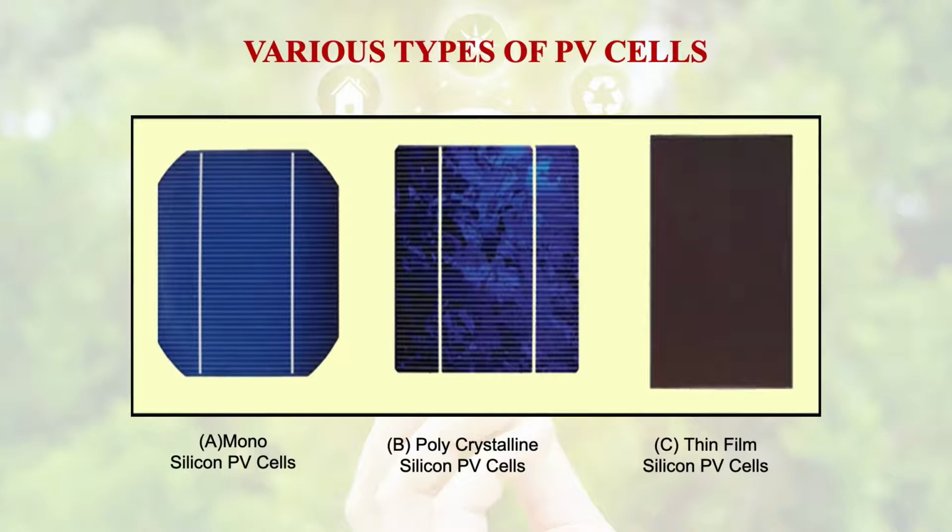Just to give you some idea, I have shown here the monocrystalline, polycrystalline, and thin film PV solar cells, which are very popular. You have seen these cells in various places. In general, for commercial purposes, a lot of polycrystalline and monocrystalline solar cells are used.